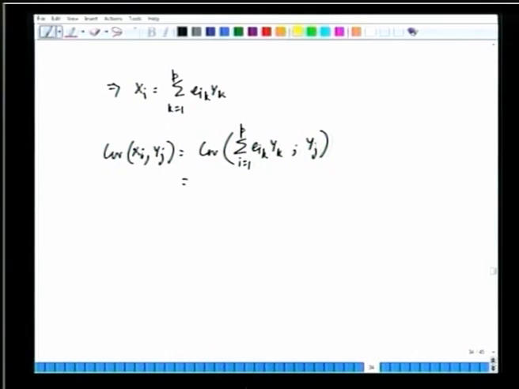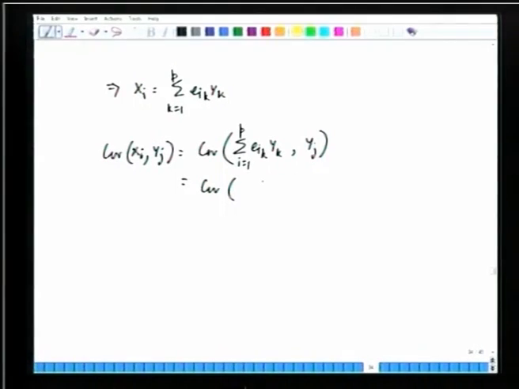Others are all equal to 0 because I am considering the covariance between Yk and Yj, and k is not equal to j. So this is basically the covariance of Eij Yj with Yj, and that is the only part that is going to remain.